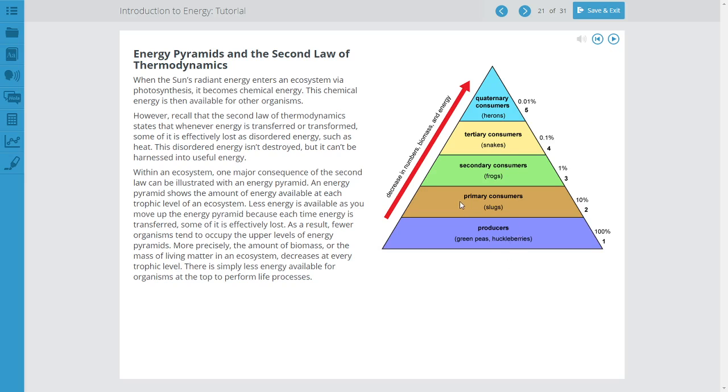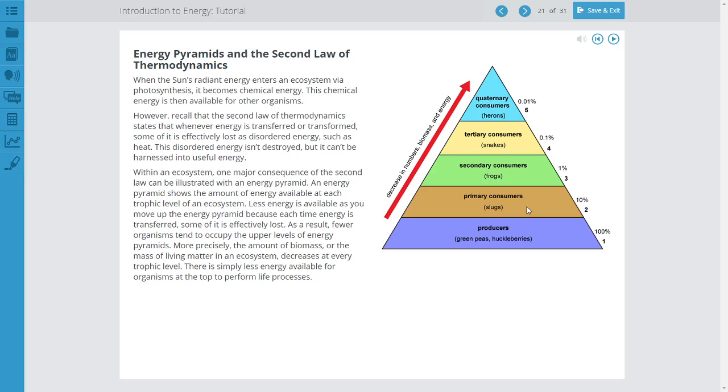But here's the thing. A primary consumer, such as a slug, comes along and eats some of the green pea plant, right? Of all the energy available to the primary consumers from the producer level, only about 10% actually goes. Now this isn't exactly 10% every time. It does go up and down. Some things are more efficient than others.